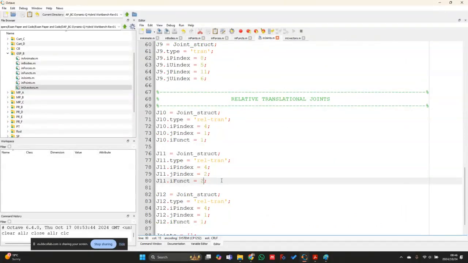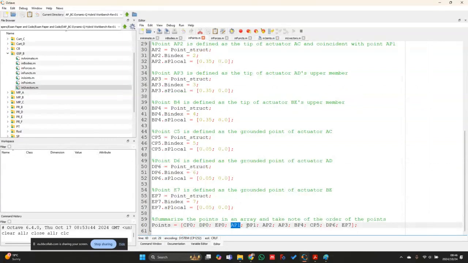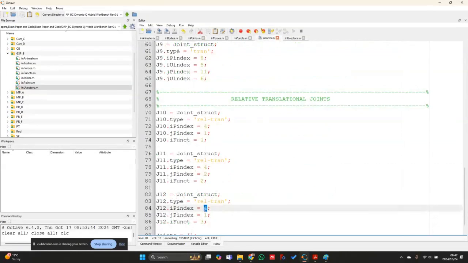Right, and then I just have to go and update the function as well to 2. This last one's function will be 3. And then its point indices will now be B1 and E0. So if I look at this one, that would be 0.5 and 0.3. I just specify over here 5 and 3.